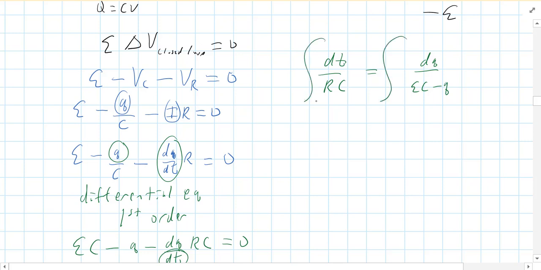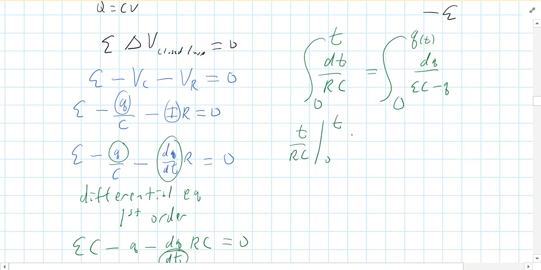Okay, the left side, the time goes from 0 to any time later that we're interested in. For the right side, the charge started off at 0, and then we want to know the charge at some point later. So we'll call that just Q, the charge at some other point in time, or Q as a function of time. All right, so the left side of our equation just becomes time over RC evaluated from 0 to t.